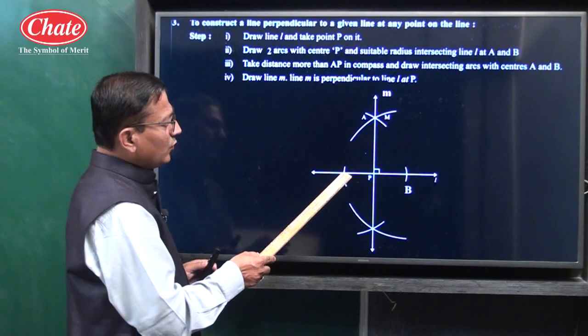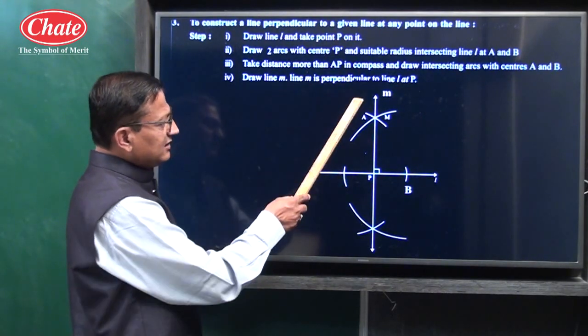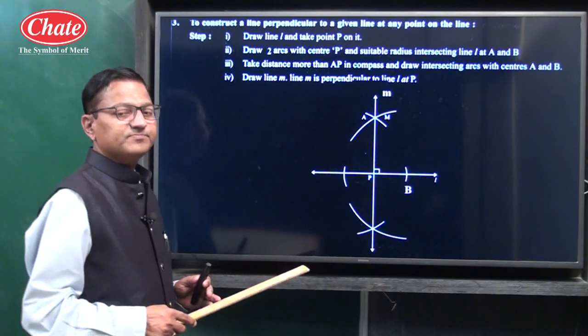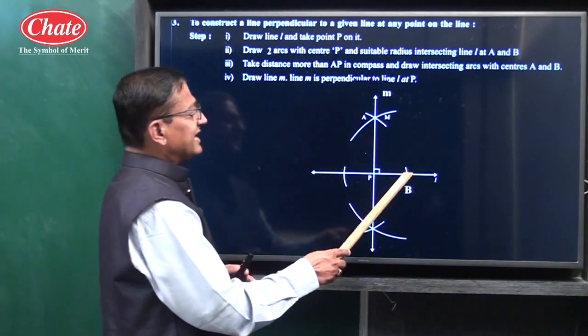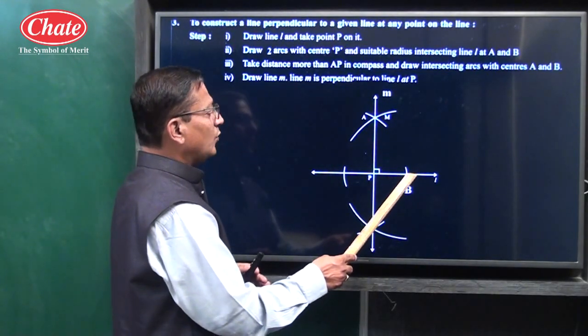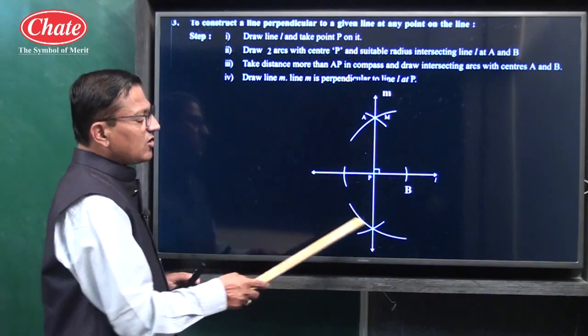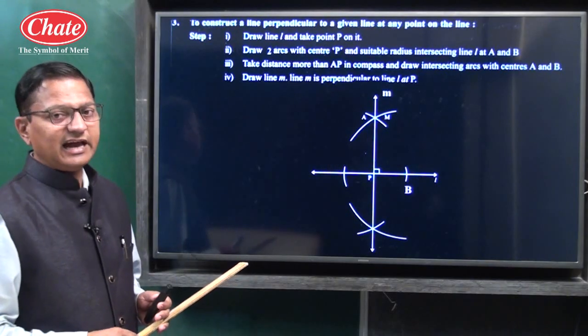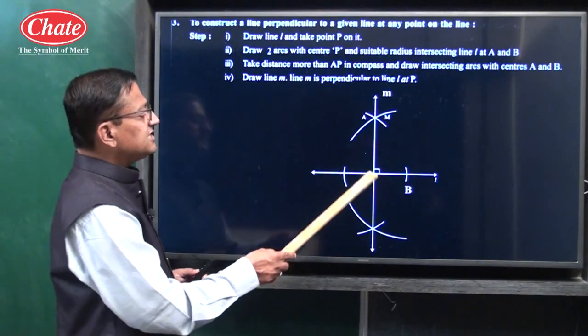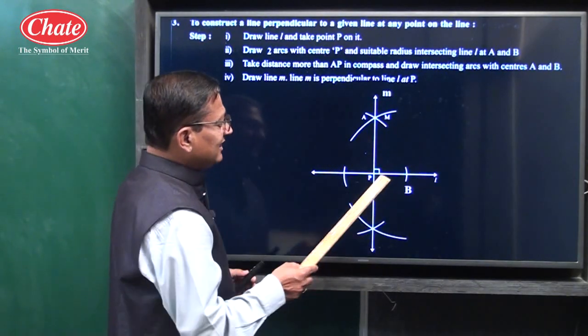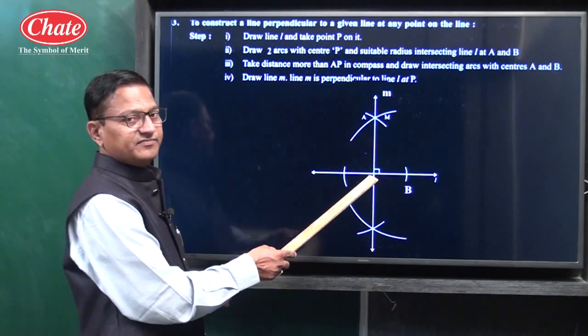From this center, we draw arcs, this and this. Similarly, taking this as a center, we draw 2 more arcs. Join the intersecting points of the arcs and draw a line perpendicular to line L at point P.